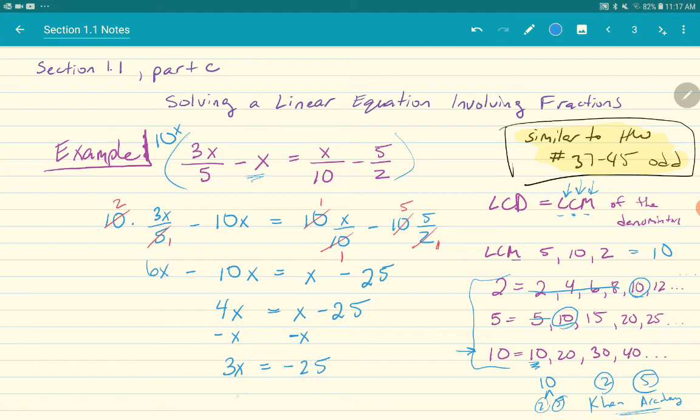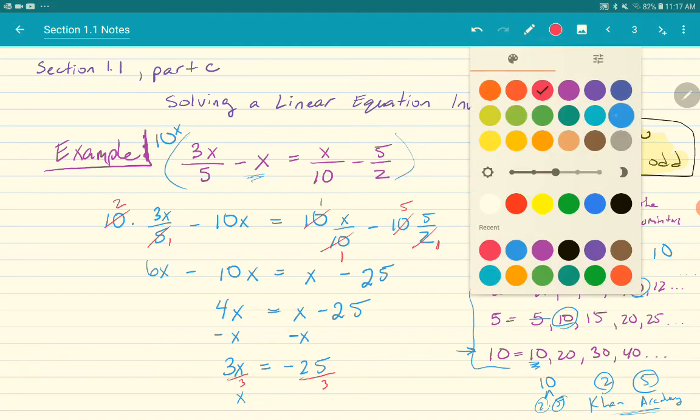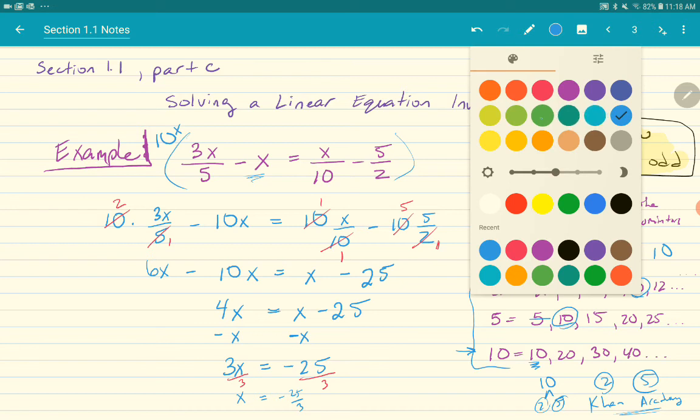And then divide both sides by 3 to get x equals negative 25 over 3.